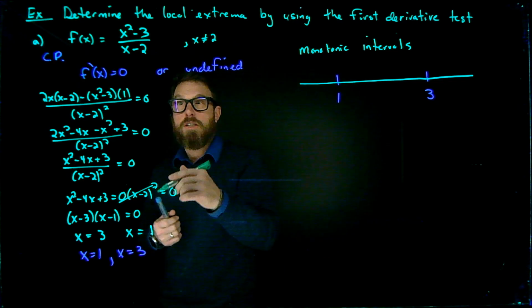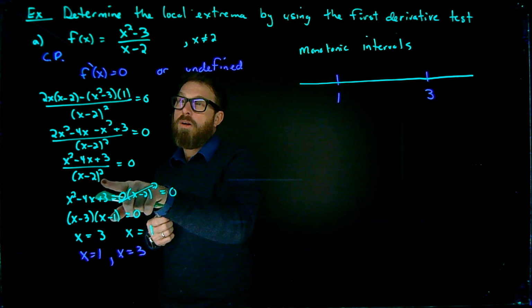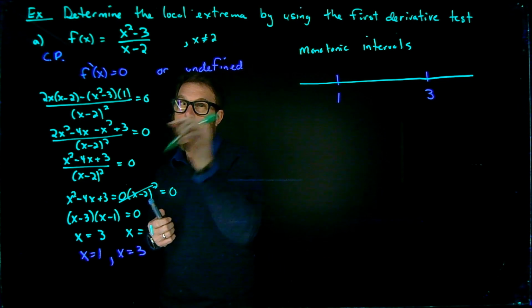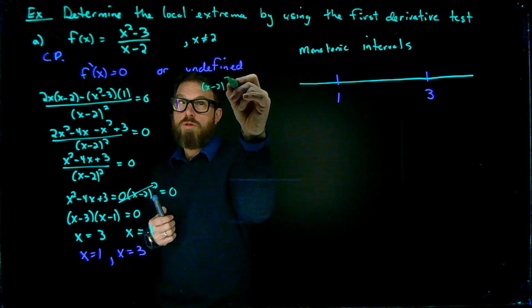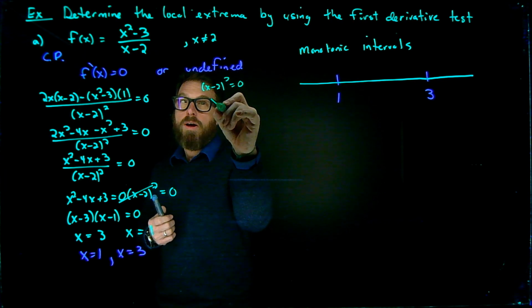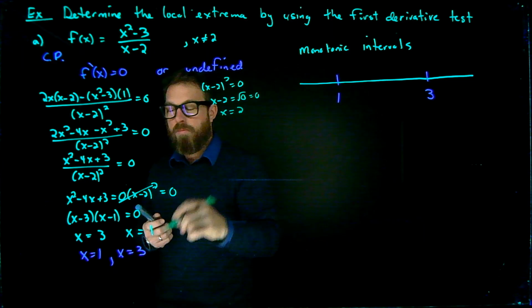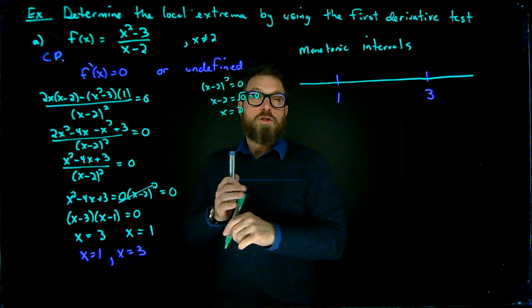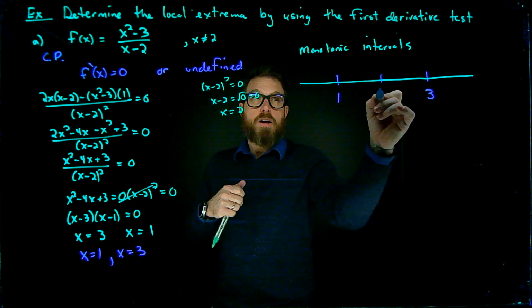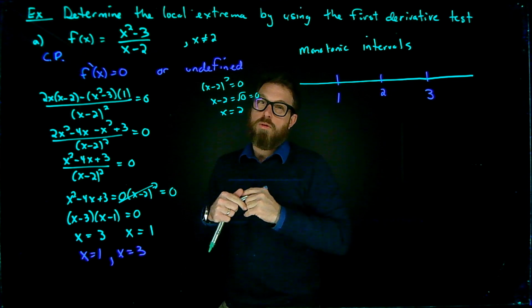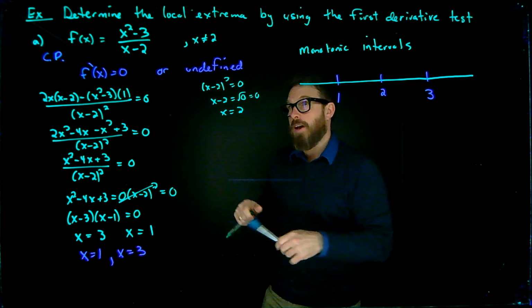So let's just pay attention to that. Well, this thing will be undefined when the denominator is equal to 0. So this is when x minus 2 squared is equal to 0, or x minus 2 is equal to the square root of 0, which is still 0, so x is equal to 2. So I'm also going to cut this at 2 because I also know that it has an asymptote at 2.